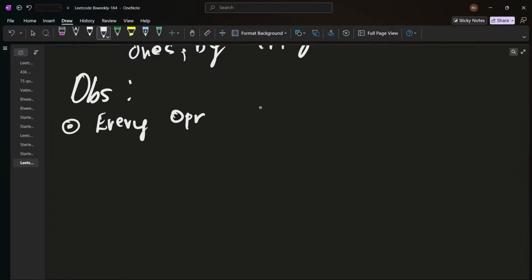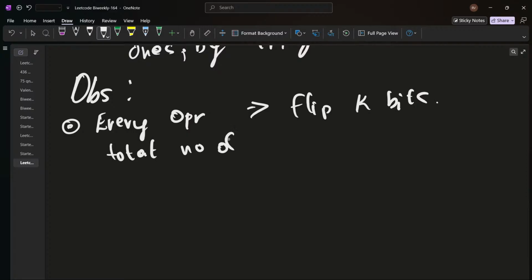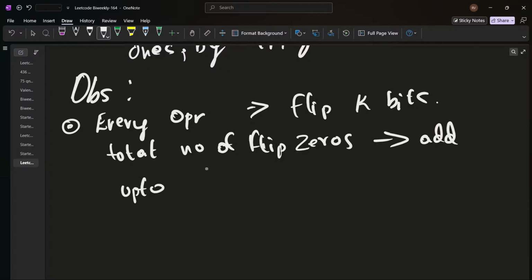Key observation 1: every operation flips k bits. So the total number of flips on zeros should add up to the total zeros. Done. Since we are flipping k bits, it can be flipped back also.